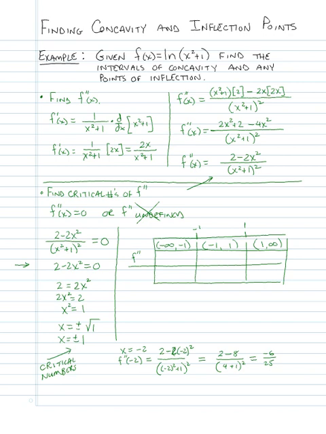Now, the numerator might change because we're subtracting things that we're putting x's into. So we need to be aware of that. But in this case, we have a negative result. And that's all we care about up here, that the second derivative is negative. So that tells us the graph of the function is concave down.